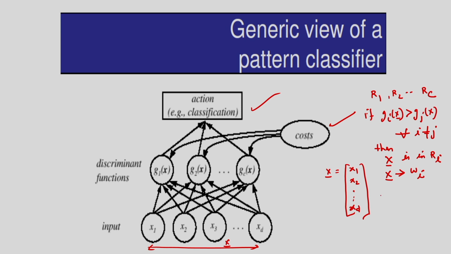And what is the decision boundary? The decision boundary is nothing but Gi(x) is equal to Gj(x). So that is the equation of the decision boundary. So for C number of classes, we have to determine C number of discriminant functions.